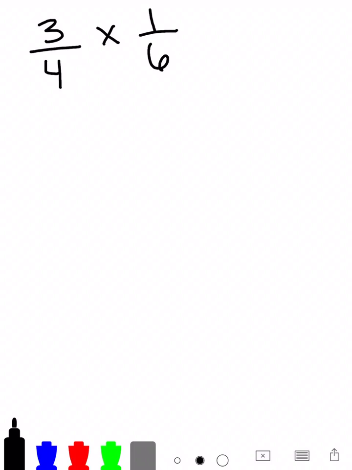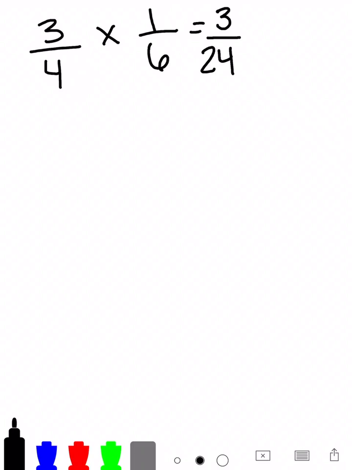So I'm going to just kind of jump right into this. I want to solve it just the standard way first, so we can get an answer, and you can see as we do our model afterwards how this all works and fits together. So when we multiply fractions, we do not have to have a common denominator. We can multiply straight across. So 3 multiplied by 1 is 3, and 4 multiplied by 6 is 24, okay?